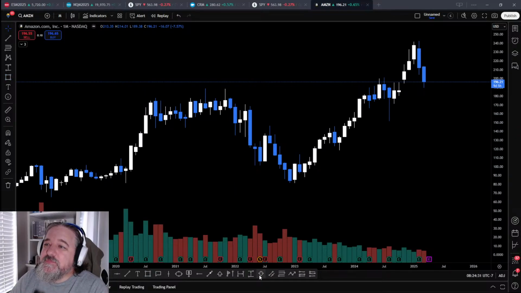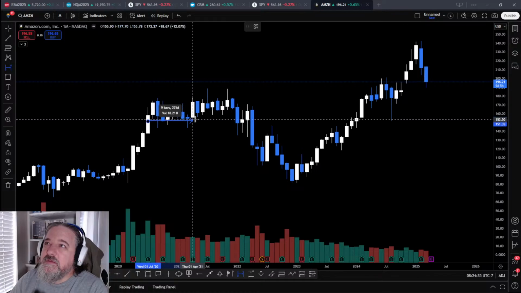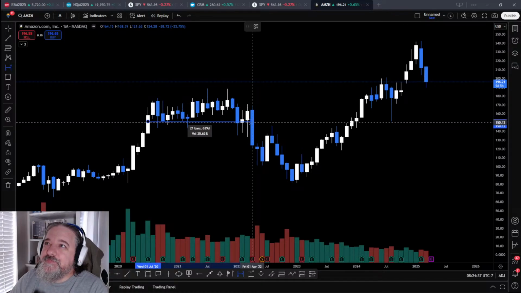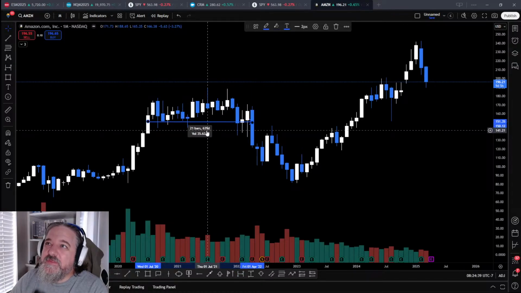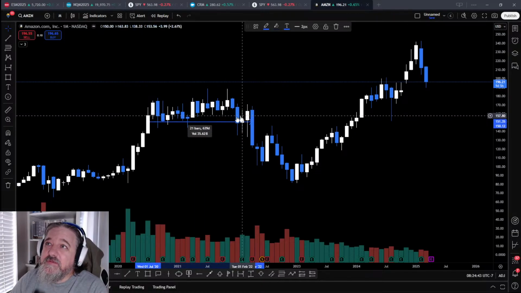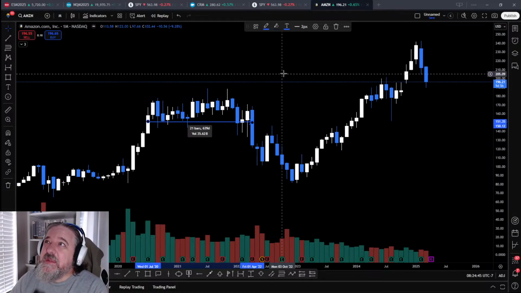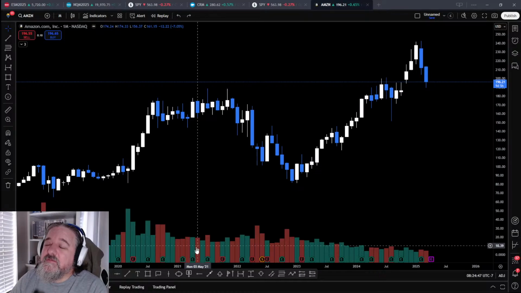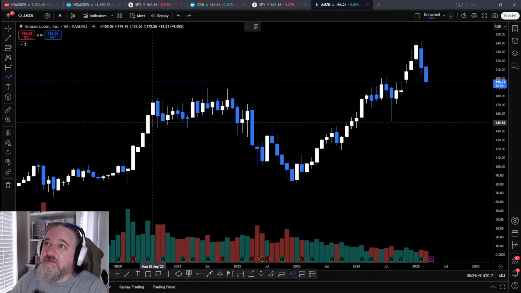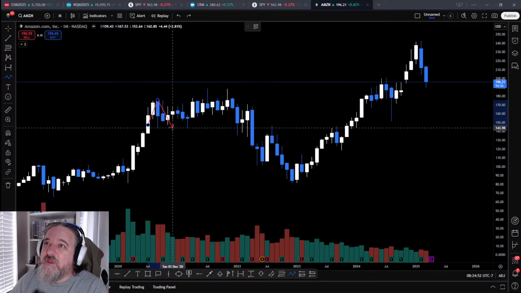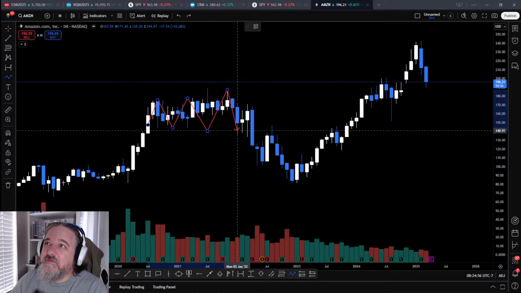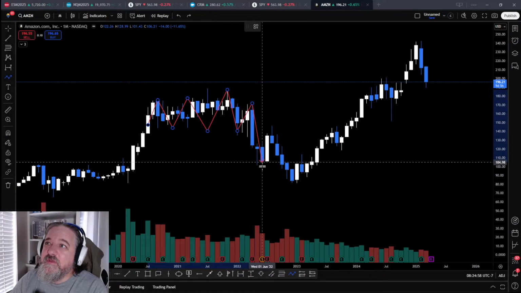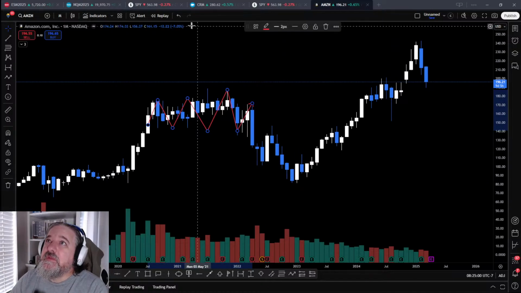If we look at this range here, we spent 639 days in this range, meaning that for 639 days, price was trading in this range, back and forth, back and forth, until we finally broke.